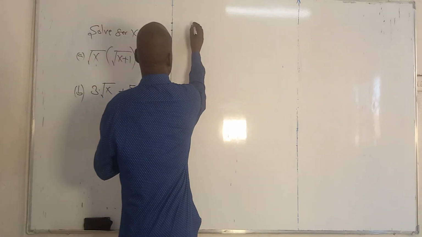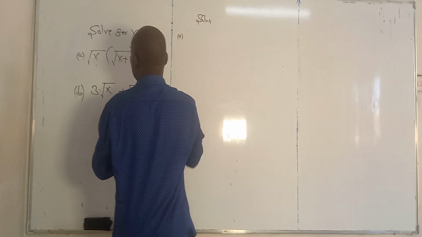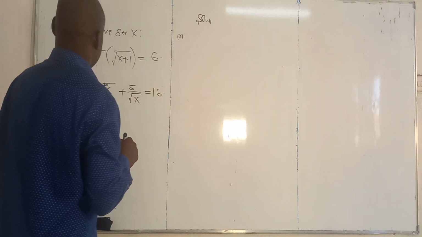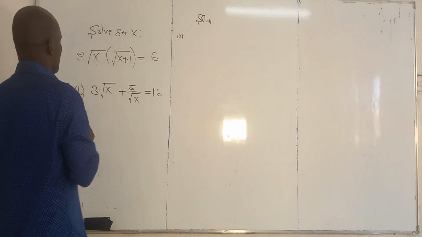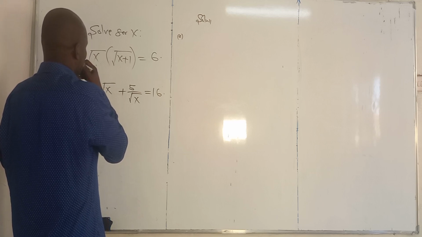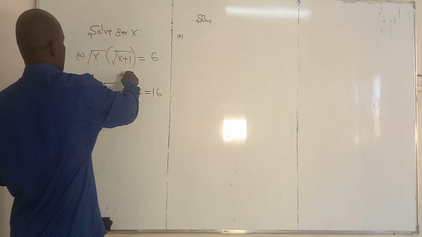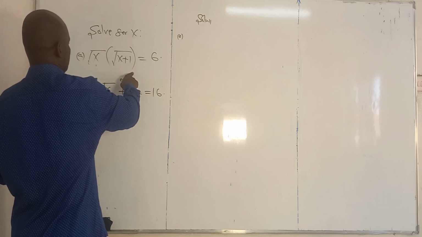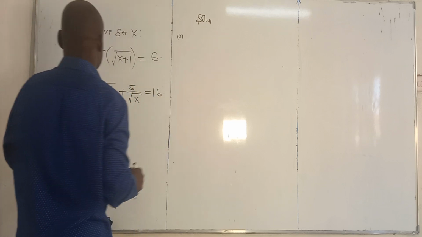So the solution, we start with part A. Here we can decide to square everything. We square one end and square the other end.